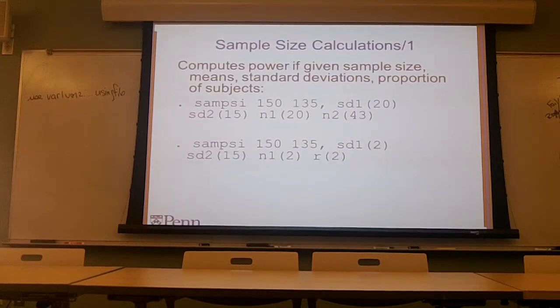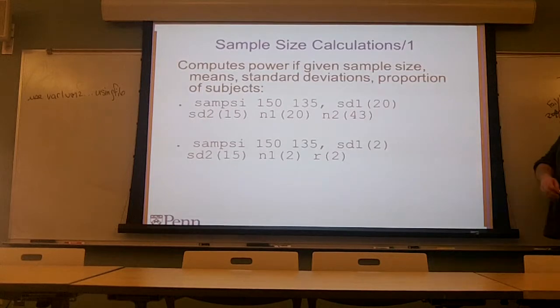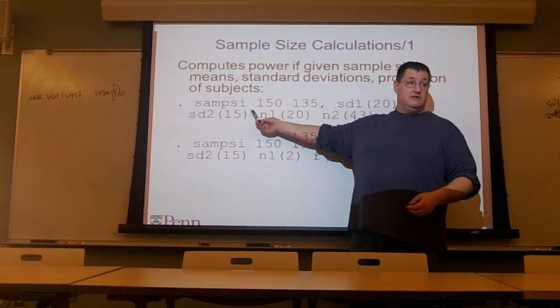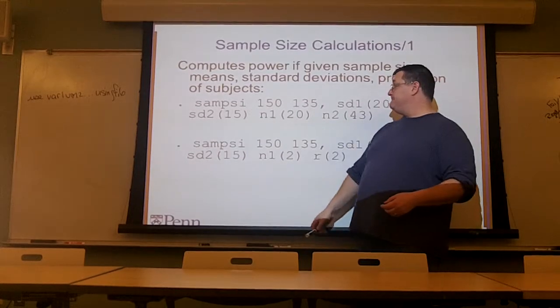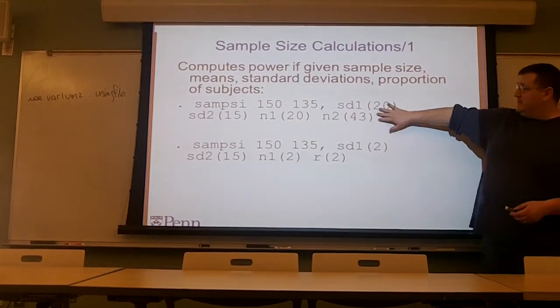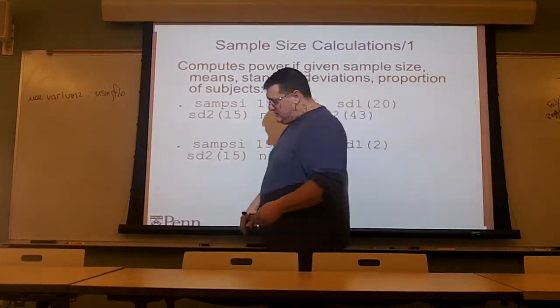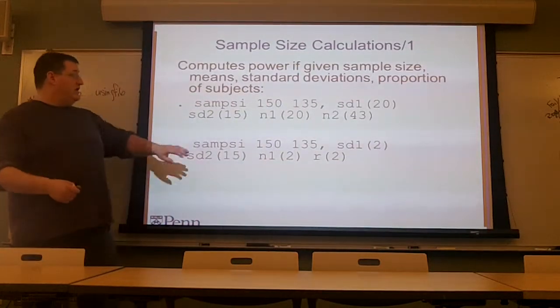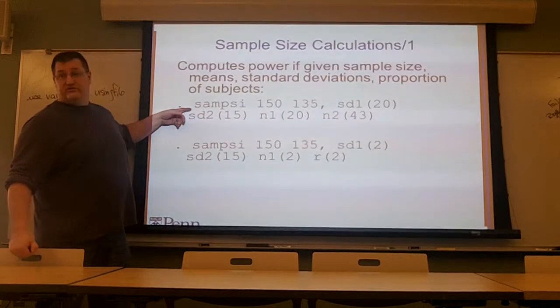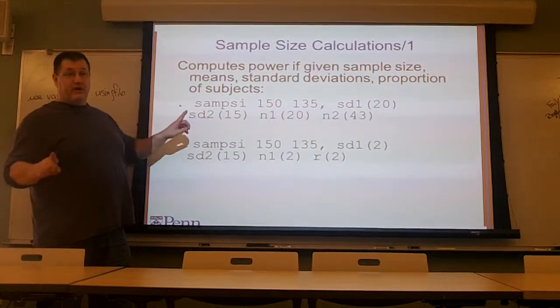So there's an immediate command in Stata called samp_psi. What this will do is give me power. This is the command we would use to look at the power of comparing two means.